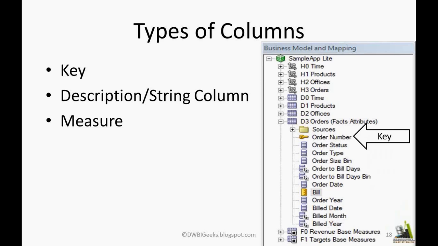Here, this is just a screenshot of our OBI tool, where a key column appears with this key symbol, a string column appears with this line symbol, and a measure column appears with the symbol of a scale. These three things are key, string, and measure.